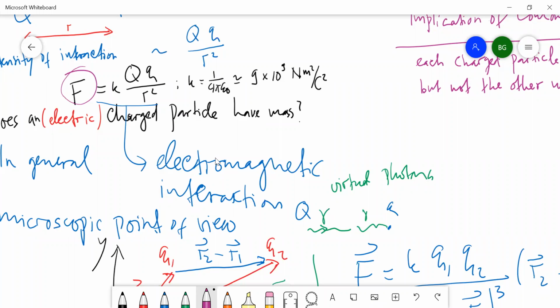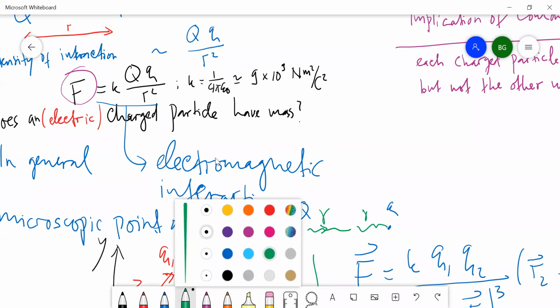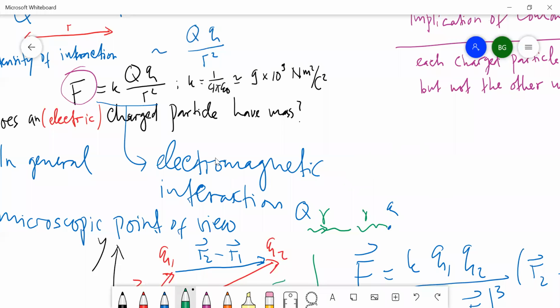Electromagnetic interaction is characterized by charged particles exchanging so-called virtual photons, which we denote by gamma.